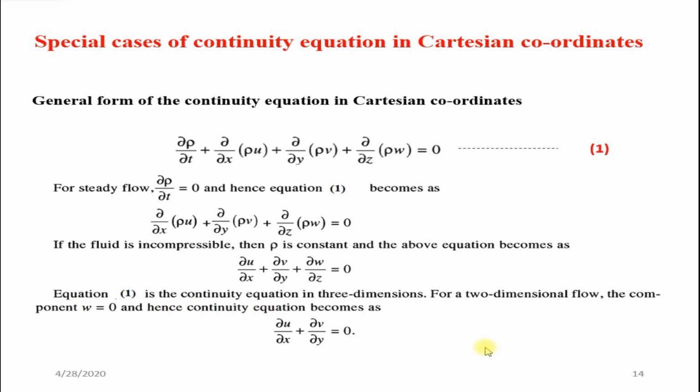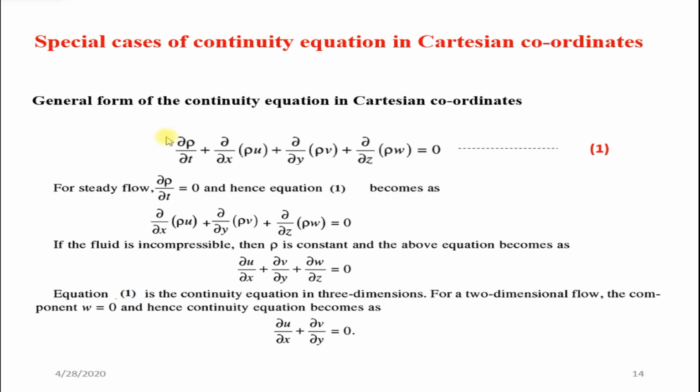For the 2-dimensional flow, the velocity component w will be 0, because it is 2-dimensional and only x and y can be considered. Hence the continuity equation becomes ∂u/∂x plus ∂v/∂y equal to 0. This is the equation of 2-dimensional incompressible steady flow, because we have omitted ρ throughout the equation and there is no ∂ρ/∂t term.